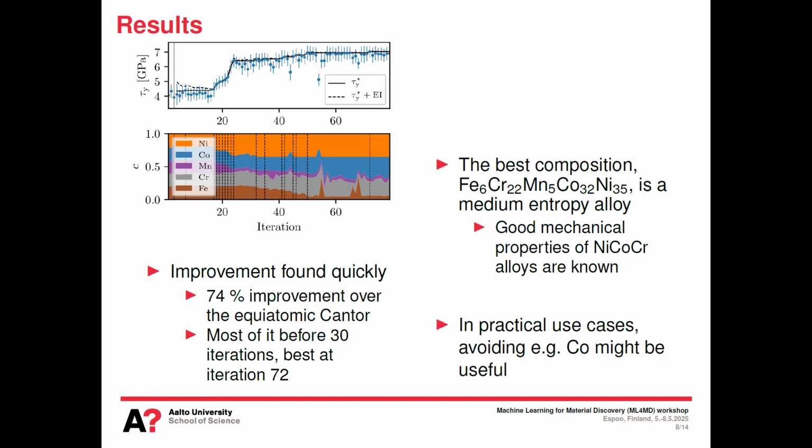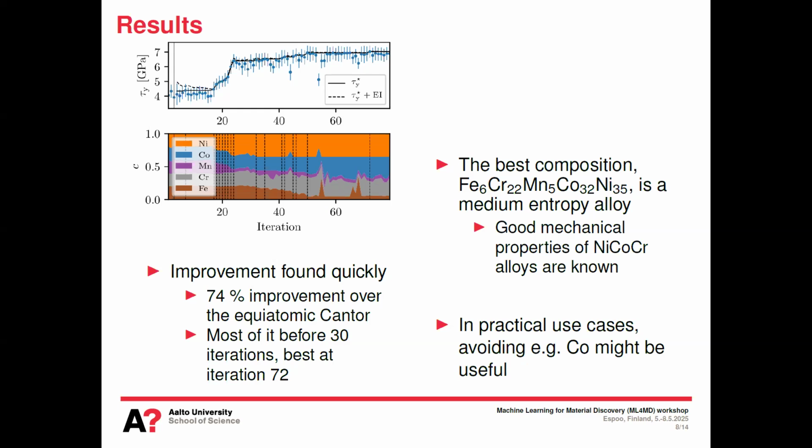Improvement is found quite quickly at around 30 iterations. There's a great jump. It finds the correct place in the search space. And then the best that we found was at iteration 72, but the improvement from here to here is much smaller. And here is how the composition actually evolves.